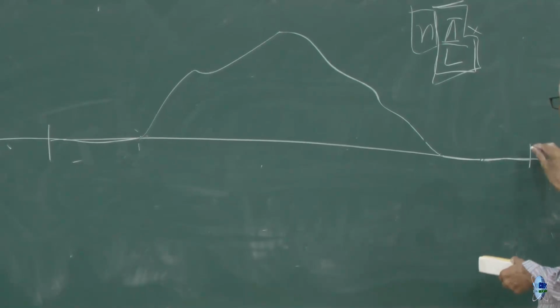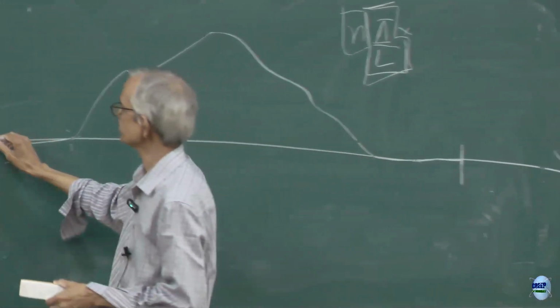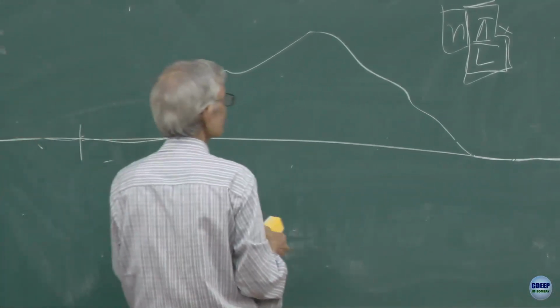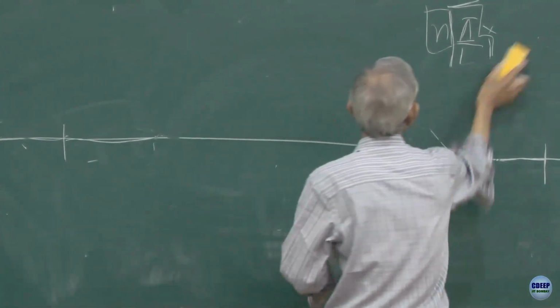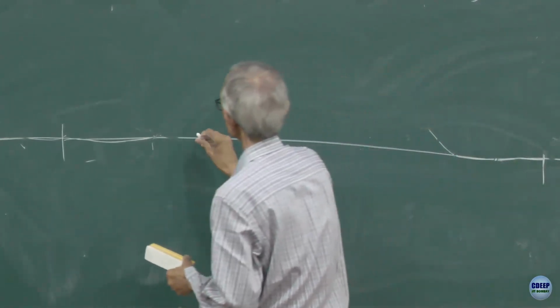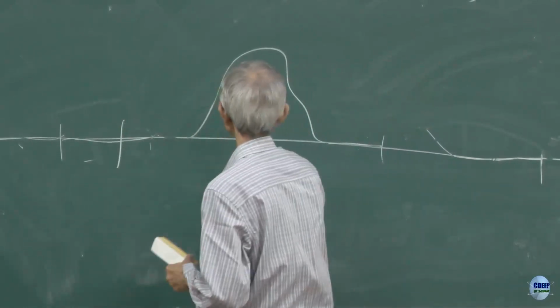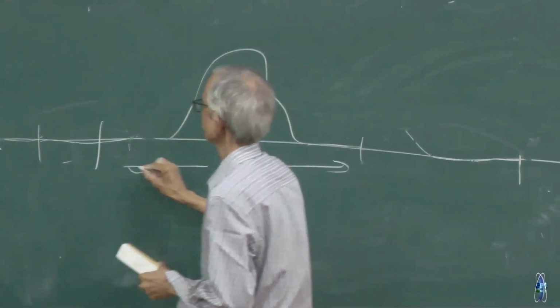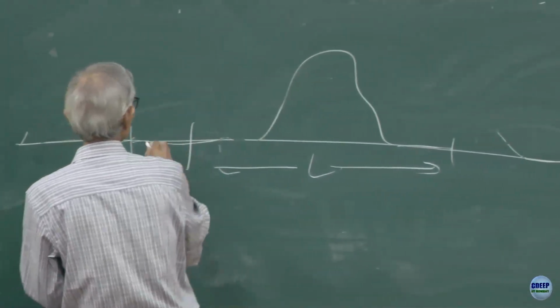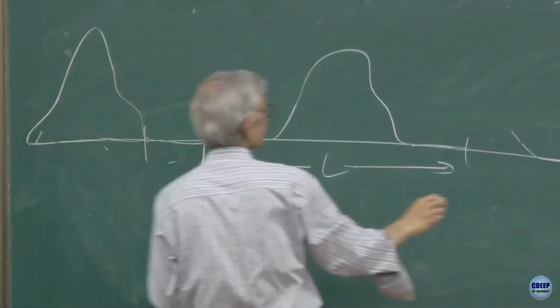Suppose I have made this my L. Then my signal is going to look something like that.